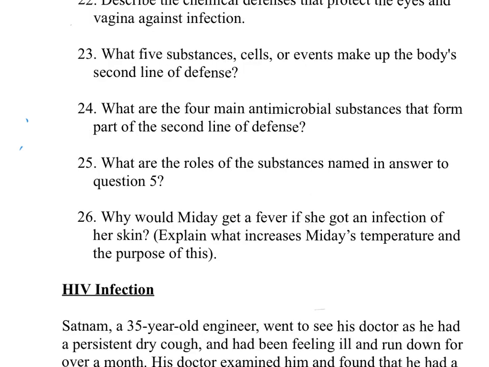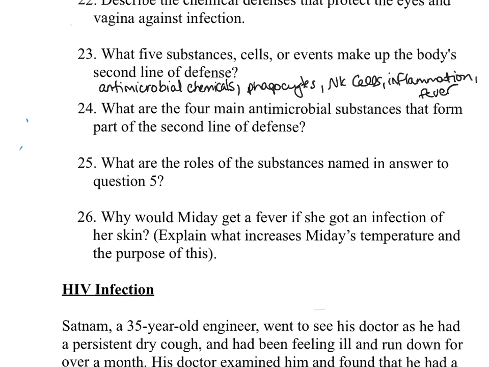Number 23. What 5 substances, cells, or events make up the body's second line of defense? The body's second line of defense consists of antimicrobial substances that the cells secrete, phagocytes, natural killer cells, inflammation, and fever.